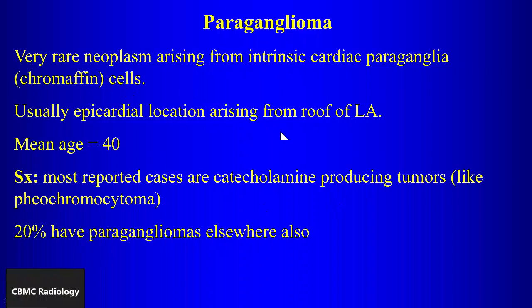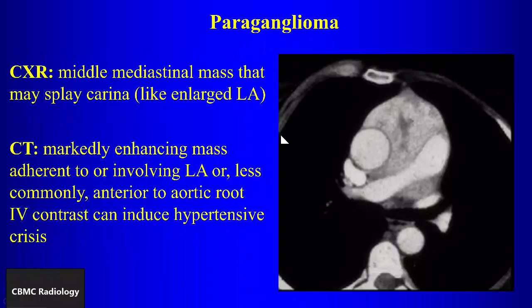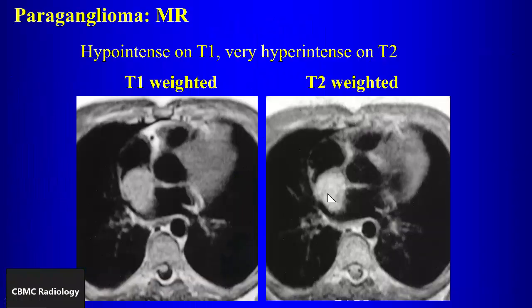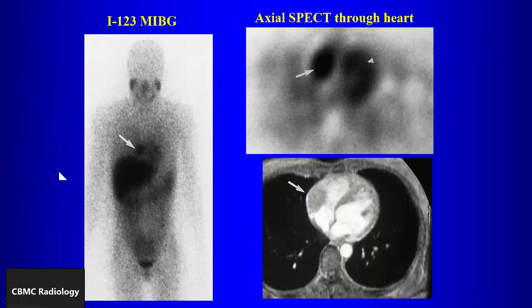Most commonly from the roof of the left atrium of these tumors, these paragangliomas. So tumors like that, kind of near the top of the heart. They're avidly enhancing when you give contrast. And they tend to be bright on T2 weighted imaging. And you can look for them, of course, with MIBG. You look for activity within the paraganglioma tumor.